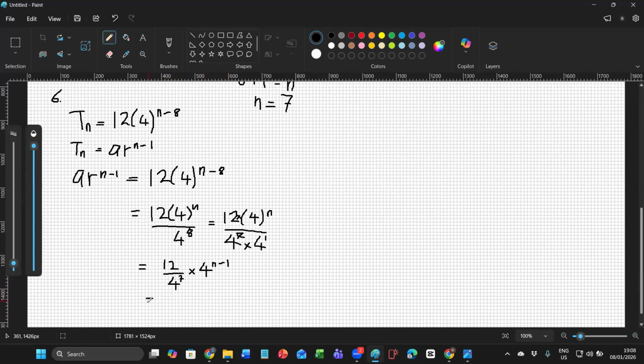Oh, I think the question said we should find T1. Yes, I was thinking instead of Tn, we should substitute it in as T1, because if we go back to the question, it says for us to find the T1, the first term, and R, the common ratio.